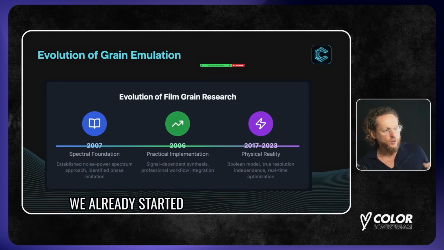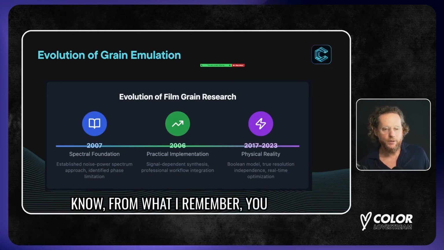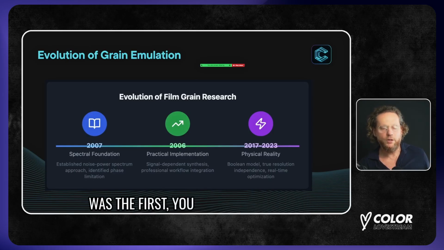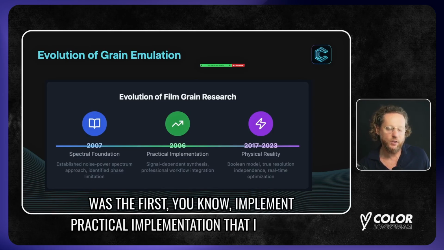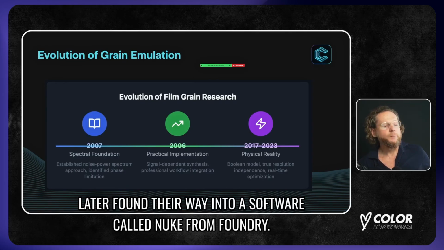We'll go deeper into that. We already started doing some practical implementations. At least from what I remember, I was at SIGGRAPH in 2006, and that was the first practical implementation that I saw. It later found its way into a software called Nuke from Foundry.